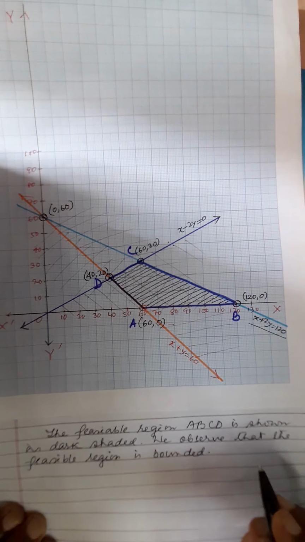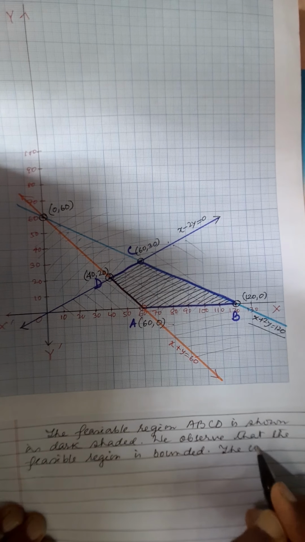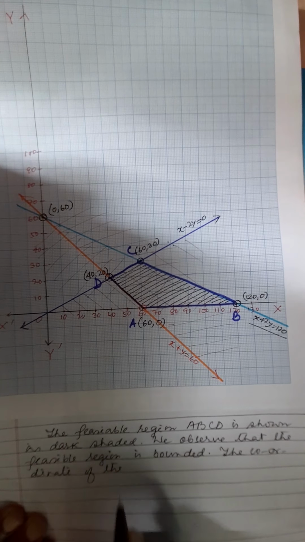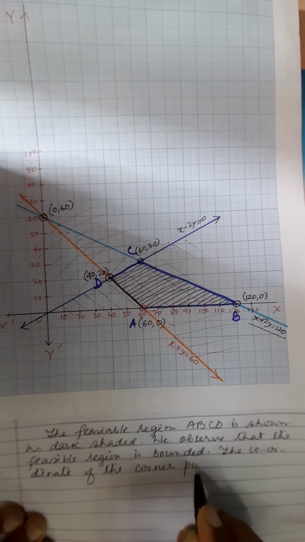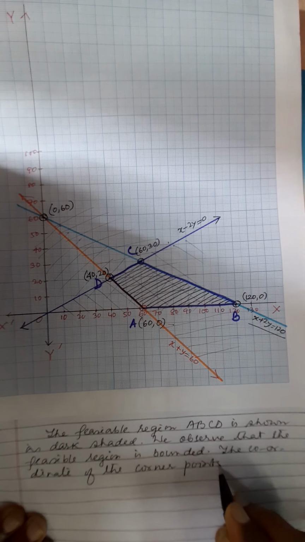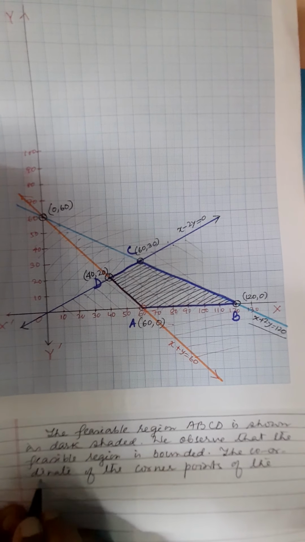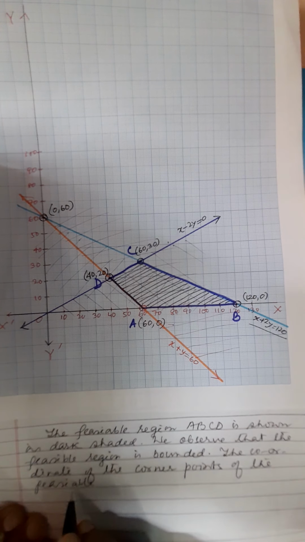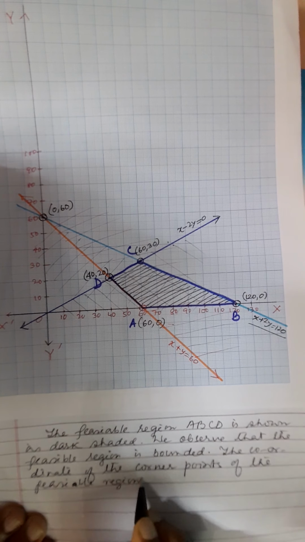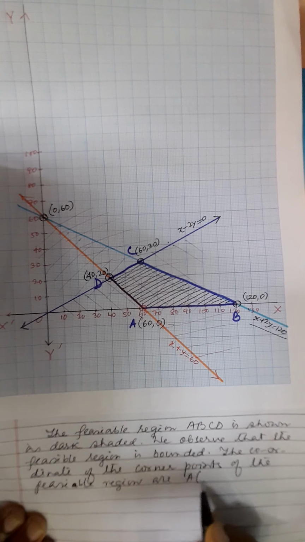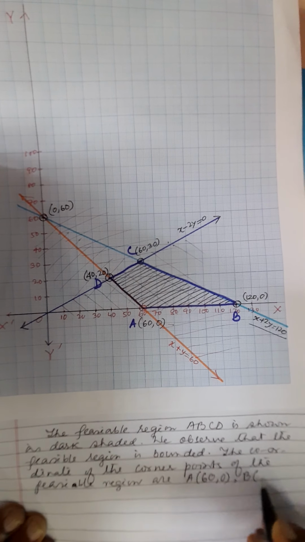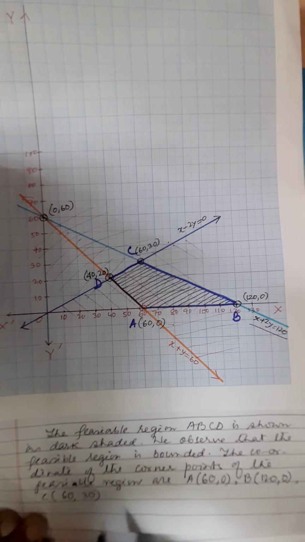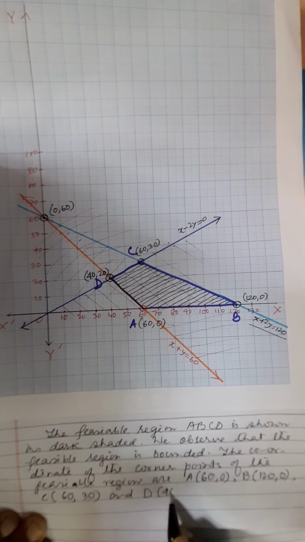Okay, the coordinates of the corner points of the feasible region are A (60, 0), B (120, 0), C (60, 30), and D (40, 20).